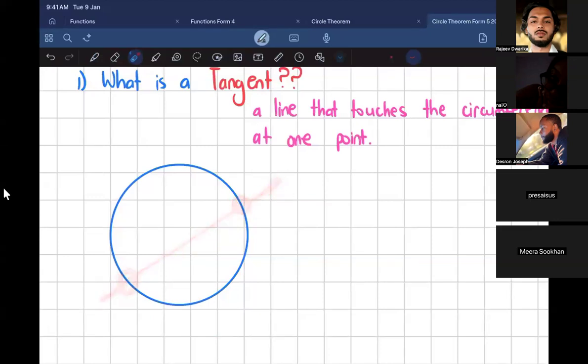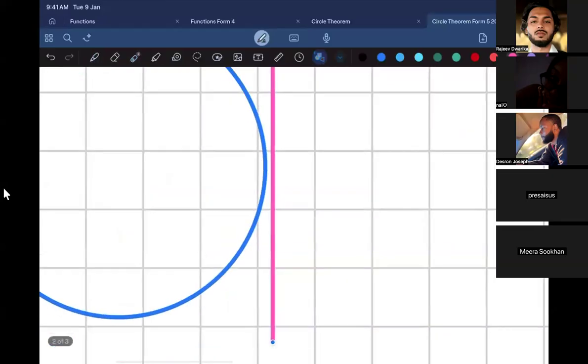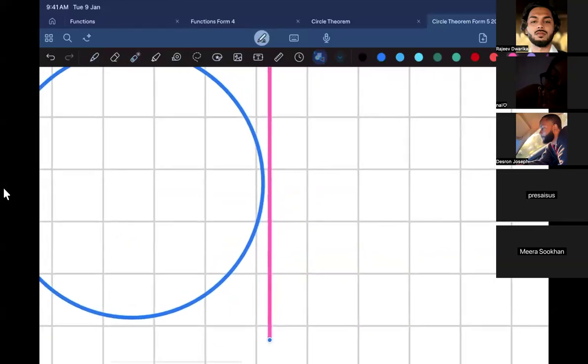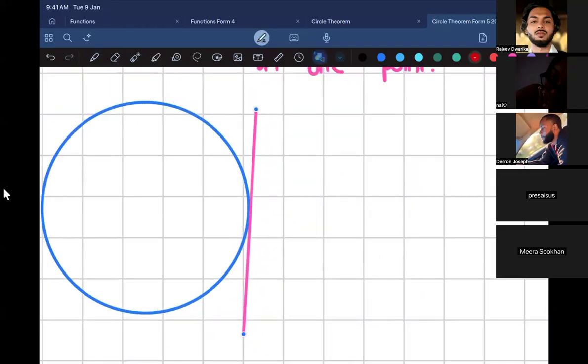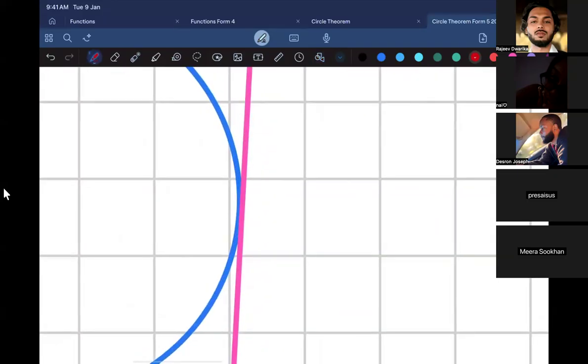But if I were to draw a line like this. First of all, this wouldn't be a tangent because it's not even touching the circle. What about now? Wait, let me make it very precise. All right, use a different color.